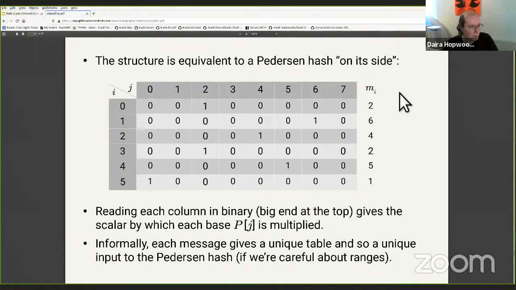And so there's a one-to-one mapping from the message to this matrix. Then we just view it as a Pedersen hash, and there's a one-to-one mapping into the input of the Pedersen hash. And that gives us our collision resistance property.